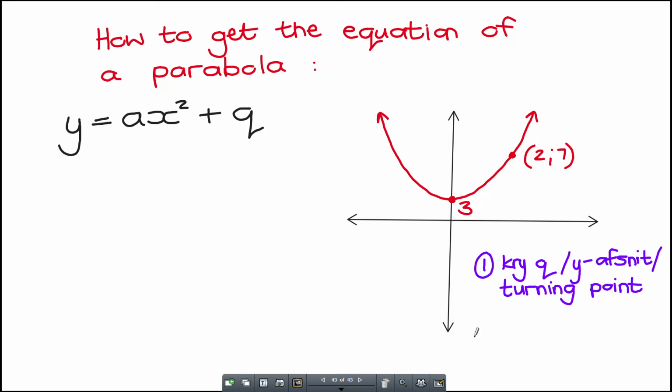Okay, then you will still have too many unknowns. We're still going to have a y and an a and an x. 3 unknowns. So all we do is to eliminate 2 of them, I'm going to substitute in a coordinate. So ek gaan daarvoor sê sub koördinaat in.